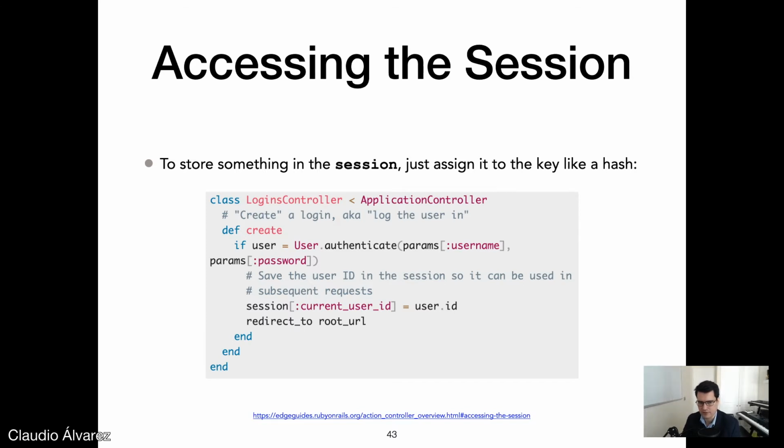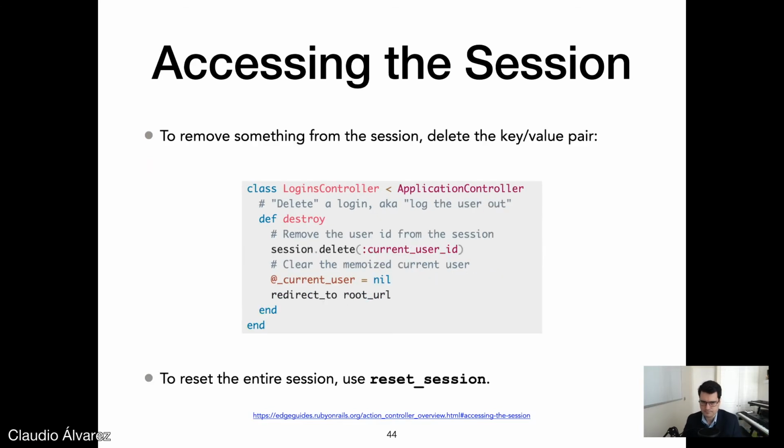Even if you've used, no, it's unlikely that you've used a hash before to store information, but the way you do it is to put the name of the variable, in this case session, square brackets, the key for which you want to add a value, then you assign the value to that key, as it is in the line below the comment that says save the user ID in the session, so it can be used in subsequent requests. So you see there's a line that says session, square brackets, current user ID, equal assignment operator, user ID.